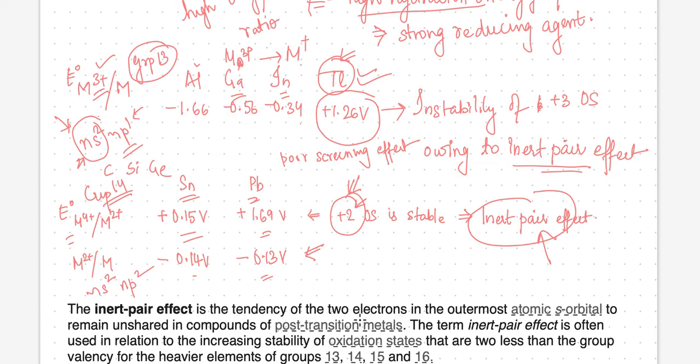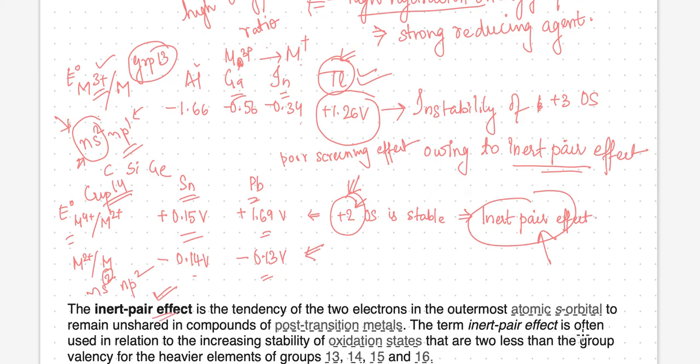So that means the reluctance of the two ns electrons, that is atomic s orbital electrons, to participate in any kind of bonding, that reluctance is what we refer to as the inert pair effect, and this is observed only in post transition metals. So that means all those elements that are coming after the d block and the f block elements experience this phenomenon of the inert pair effect.